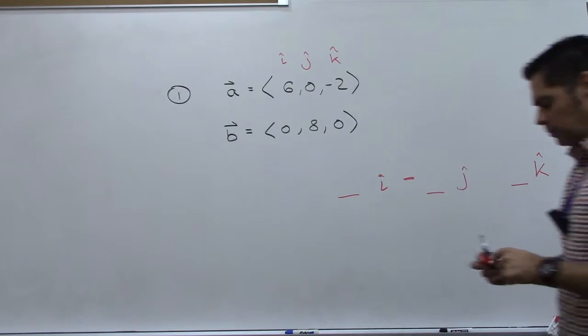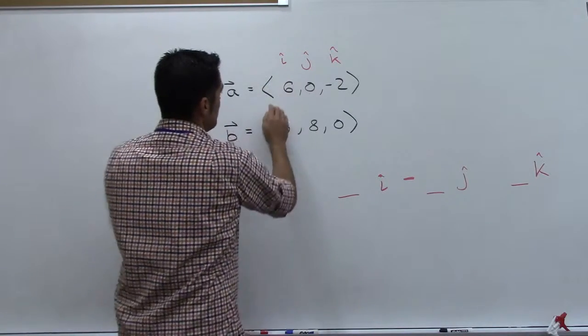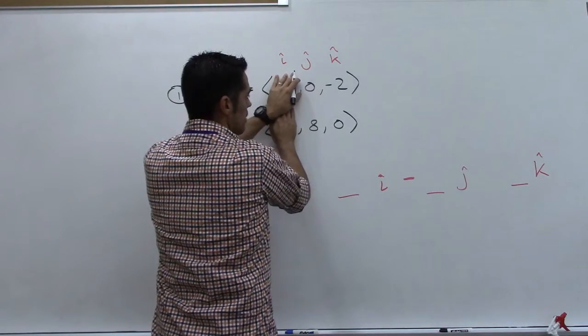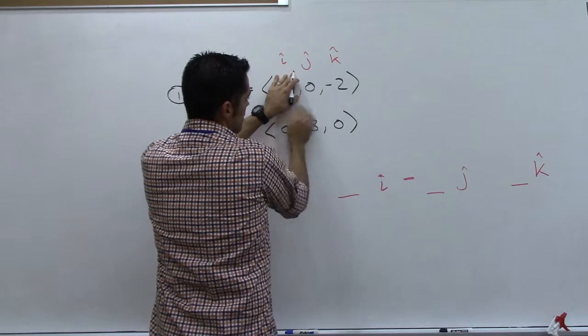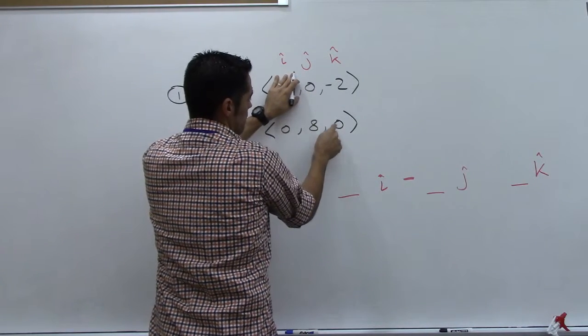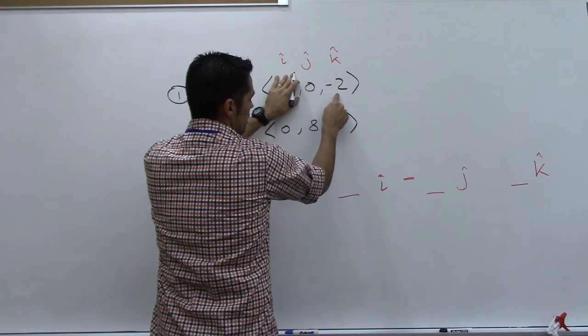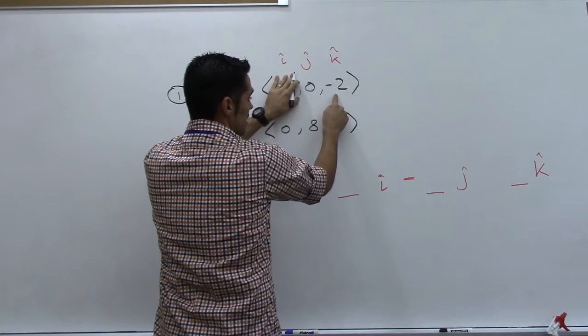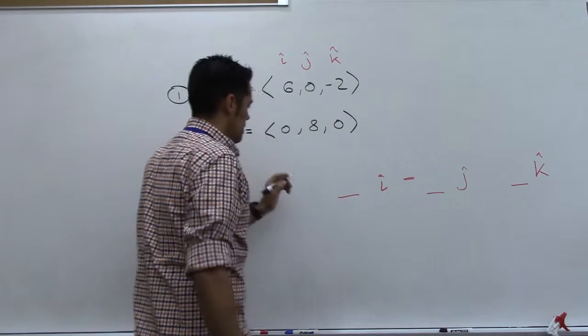So let's do this. What we do to find out what I is, we cover up I, and then we do the determinant on this little 2 by 2 matrix of numbers. So 0 times 0 gives us 0, and then we subtract from that 8 times negative 2. 8 times negative 2 is negative 16. So we're going 0, then minus negative 16 is positive 16.